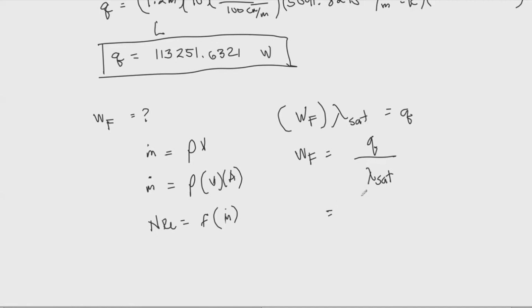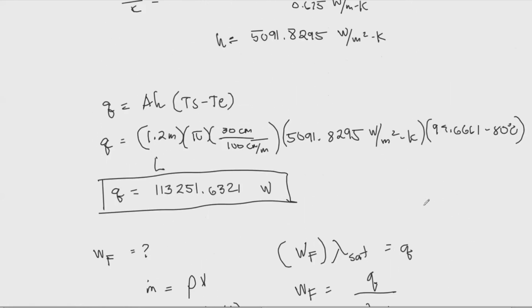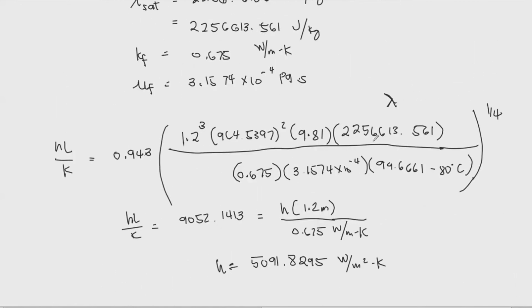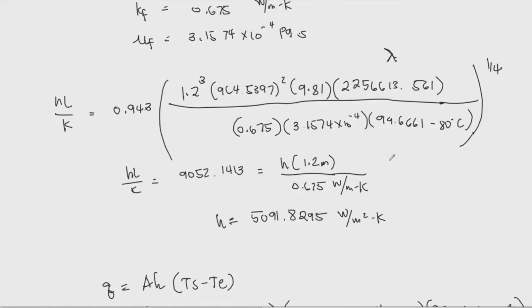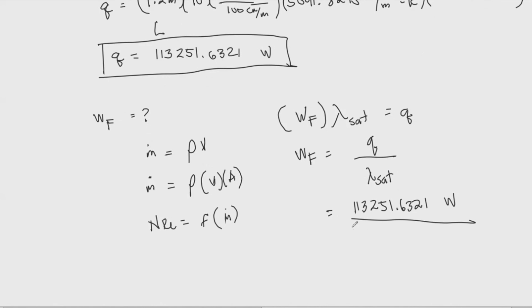So in this case, what we'll be getting is 113,251.6321, that's watts, and then divide this by the latent heat of condensation, so that is this one, 2,256,613.561. And that's the same concept of what we do in evaporation. That's just something like the steam value, and then the latent heat of vaporization of the steam.